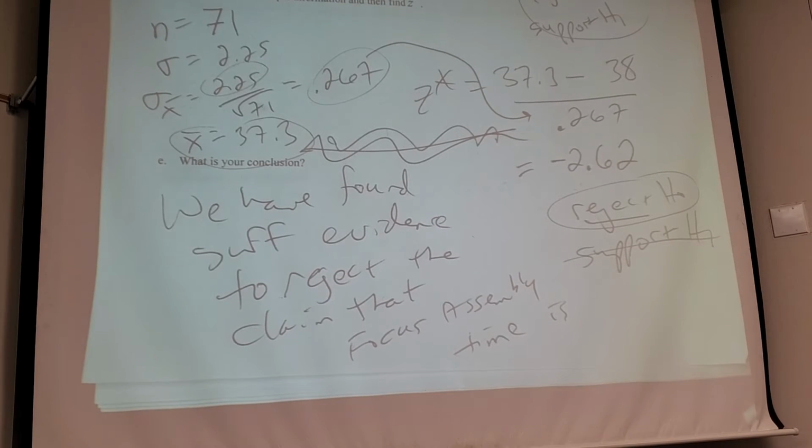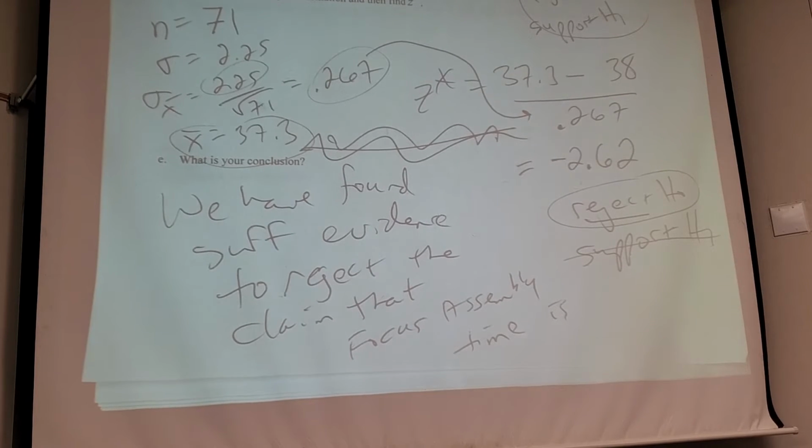I'm telling you, you can plagiarize, kids. Or you can write it a couple different ways. We found evidence to reject the claim that the focus assembly time is the same as it was. We found evidence to reject the claim that the focus assembly time is 38 hours. Right? Those are both variations of the claim.